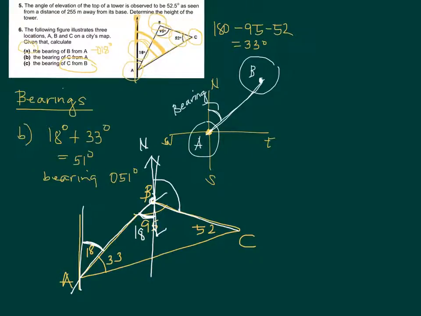Remember that the bearing of C from B is this angle, and this angle can be measured if we know this small angle here. The bearing of C from B is basically 180, because this is a straight line, 180 minus whatever the measure of the angle here. So we need to compute for this.